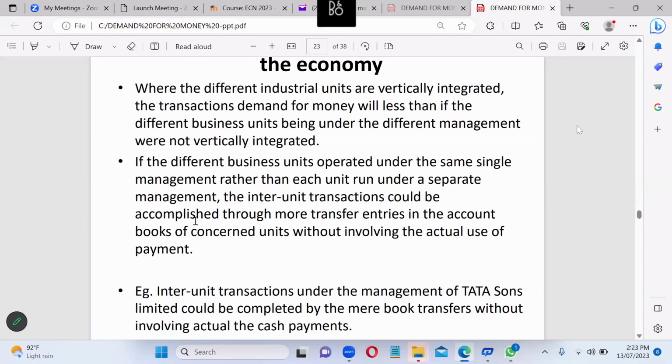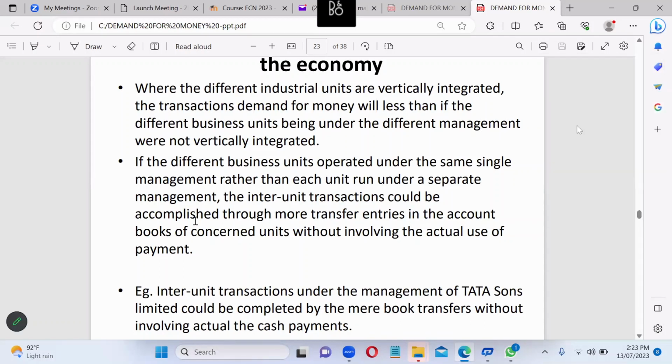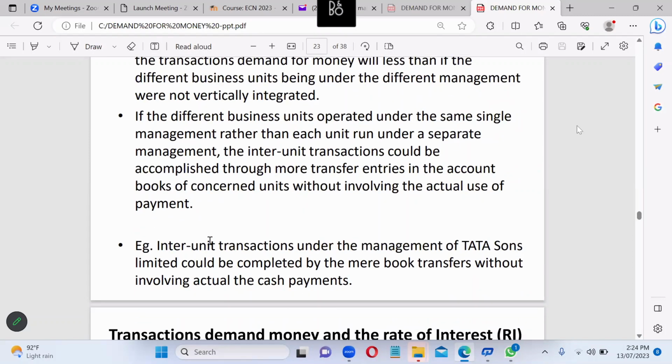If the different business units operate under the same single management, inter-unit transactions could be accomplished through mere transfer entries in the account books of the concerned units without involving actual use of payment. For example, inter-unit transactions under the management of Tata Sons Limited would be completed by mere book transfer without involving actual cash payment.